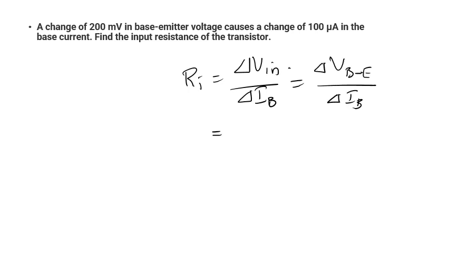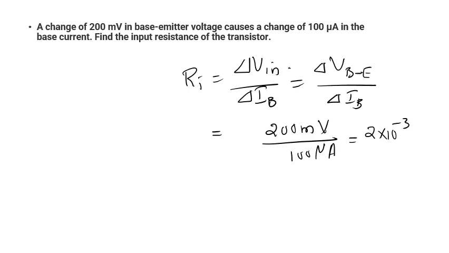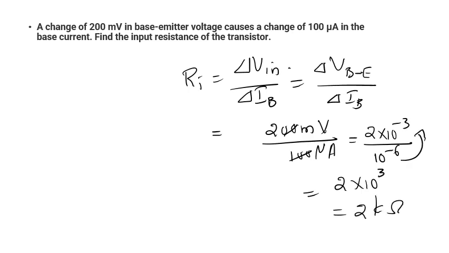So 200 millivolt divided by 100 microampere is 2 into 10 raised to minus 3 in the numerator and 10 raised to minus 4 in the denominator, which gives 2 into 10 raised to 3, that is 2 kilo ohm.